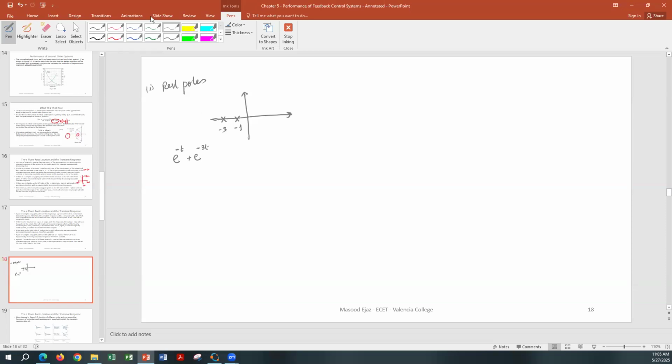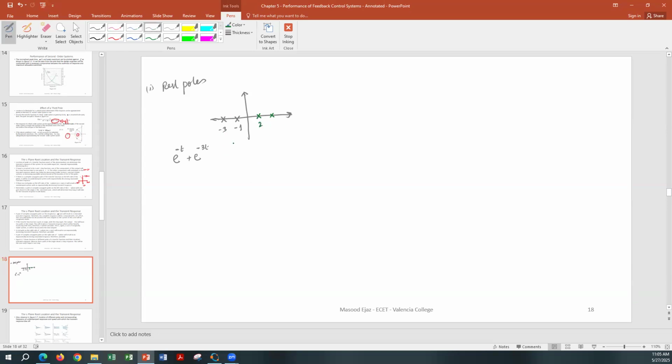Anytime you have real poles, but at least one of the poles is on the positive axis, you need only one pole on the positive axis. So let's say you have s is equal to 2.